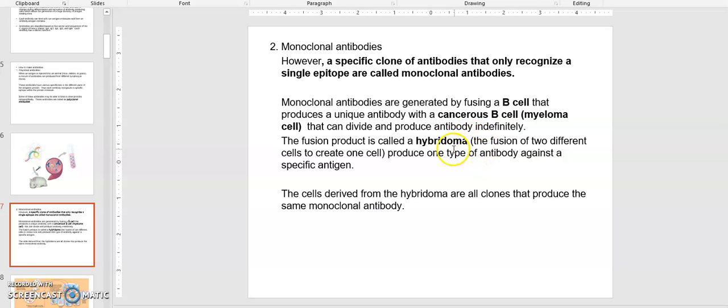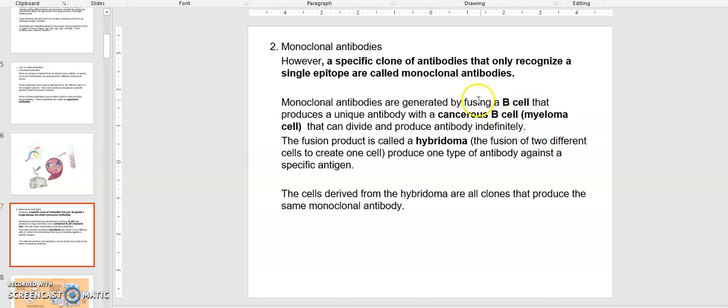So you create a bunch of these hybridoma cells between the B cells and myeloma B cells, and you screen those hybridoma cells, okay, for antibody producing ability. Okay, you may wonder now, why do you have to fuse these two cells?